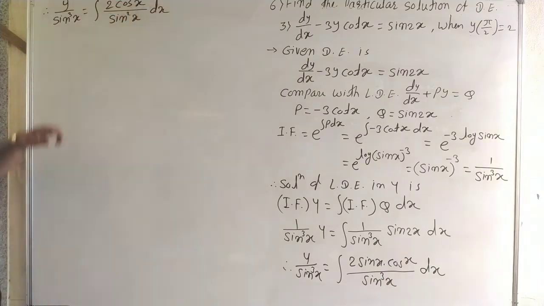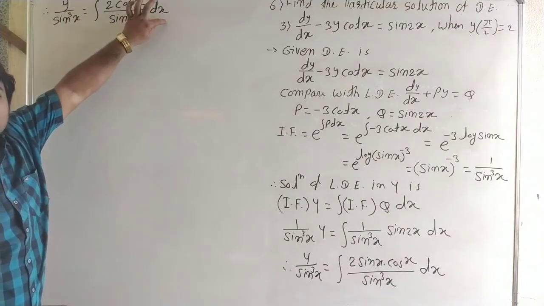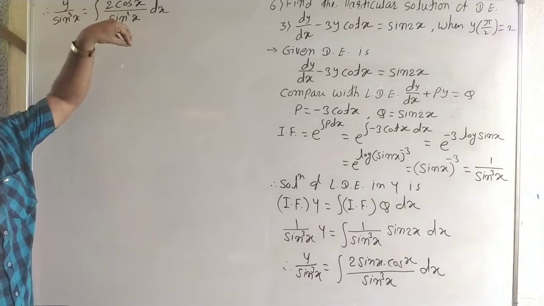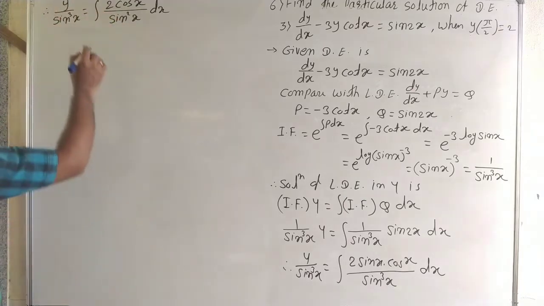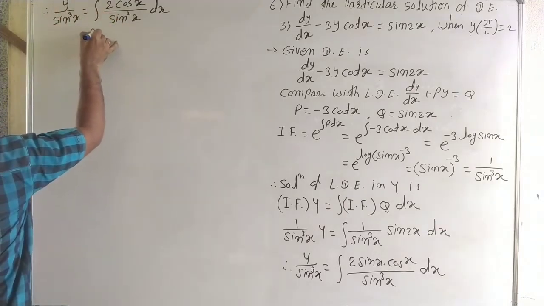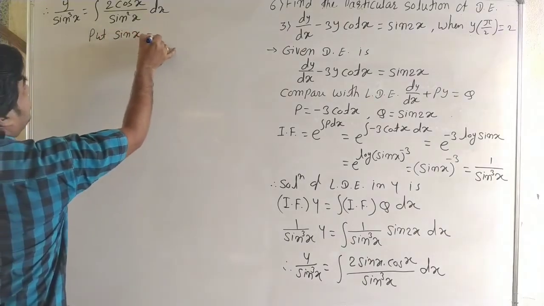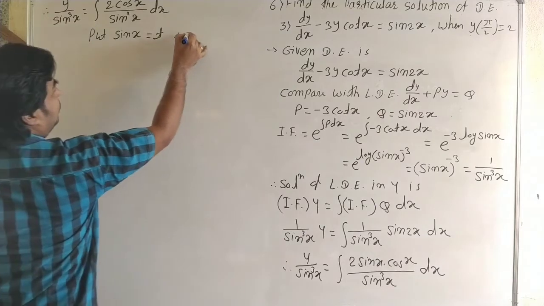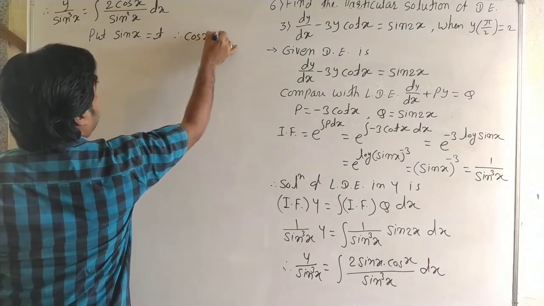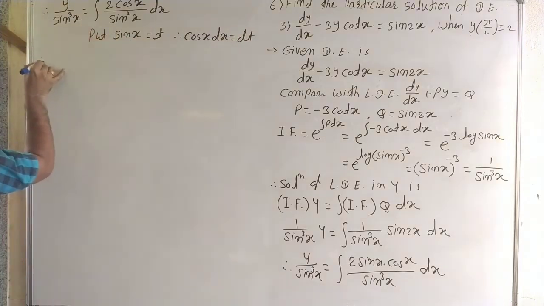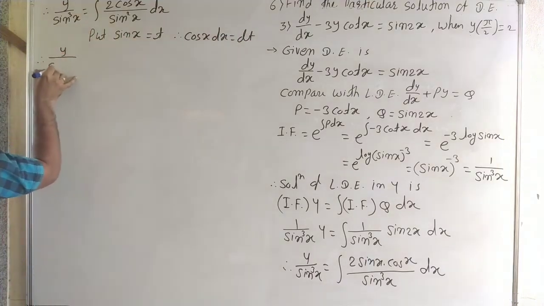Now to find the integral, here cos x is in the multiple of dx, and cos x is the derivative of sin x, so we put sin x is equal to t. Here we use the substitution: put sin x is equal to t, and therefore cos x dx is equal to dt.